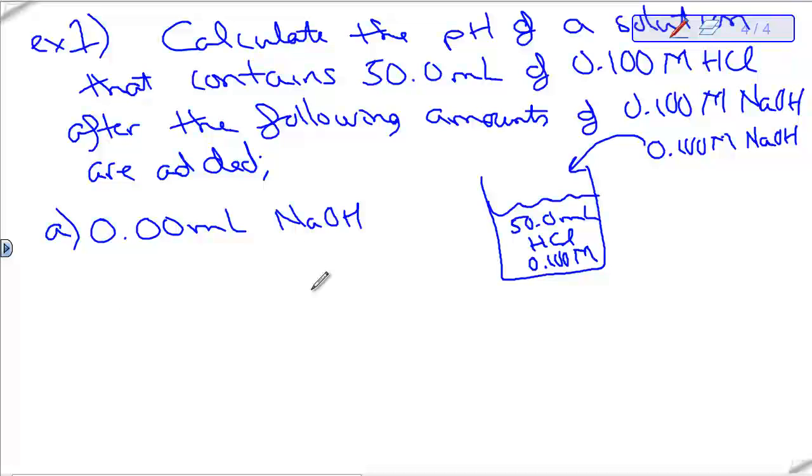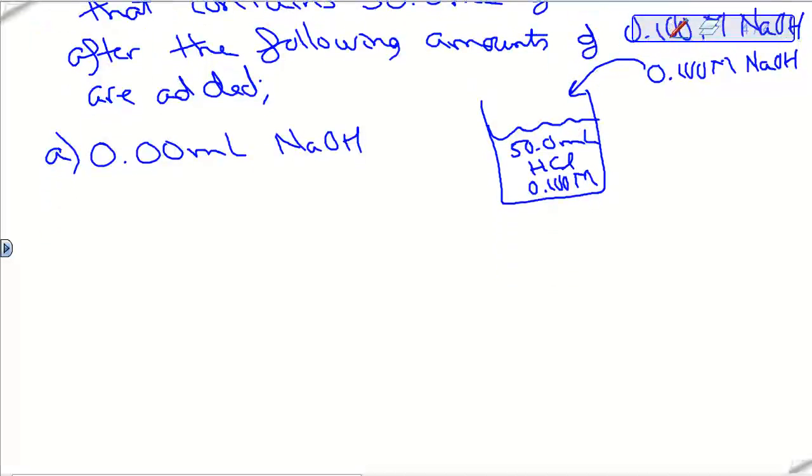So in other words, after I add some sodium hydroxide solution to this mixture, the final volume is no longer 50. It has increased. So when we find molarities, you have to consider that total volume. Okay? Now, before we proceed with this calculation, it is going to go very rapid. I'm going to show you how it works, and then we're going to just crank them out, one after another. Okay? It's the same pattern every time.